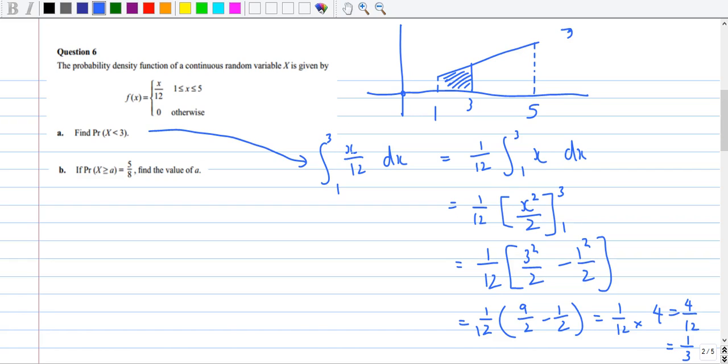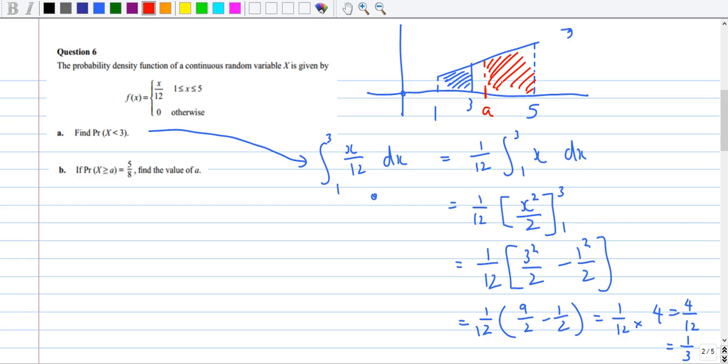Now the second part of the question is asking, if the probability of x being greater than or equal to a is equal to 5/8, find the value of a. So going over to the graph again, a might be about here, and again this is just an estimate. So a would be somewhere here.